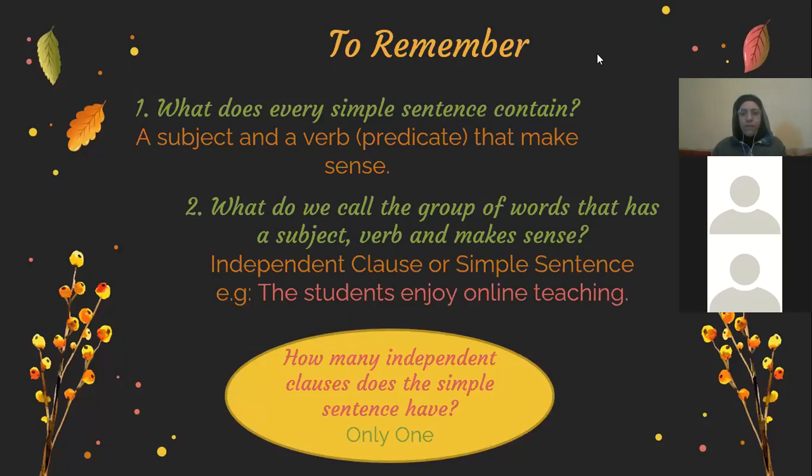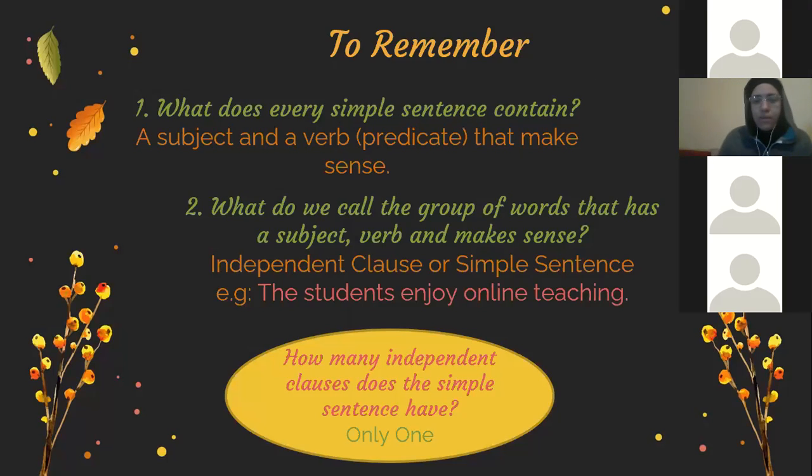Yes, Mahdi? It must have a subject and a predicate and a complete idea. Do not forget the complete idea, because if I don't have a complete idea, then I don't have a complete sentence. So I must have one subject, predicate, and complete idea to have a complete sentence.